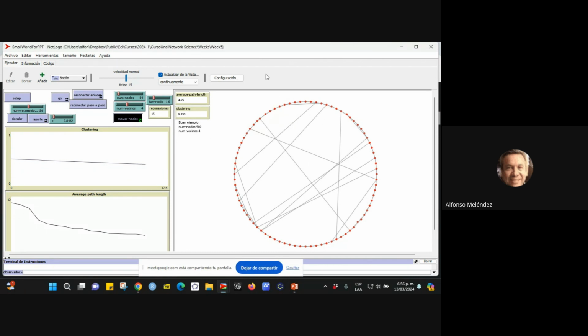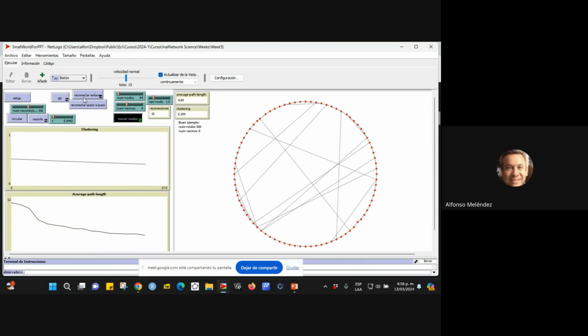So this new network is going to preserve the clustering. It's not going to change very much, but it's going to reduce drastically the average path length. So we're going to have a network, and what you see here are typical small world networks that have both properties, high clustering and low average path length.